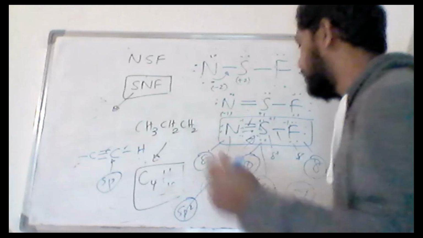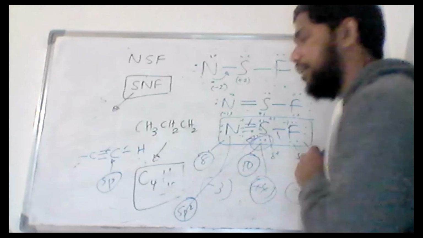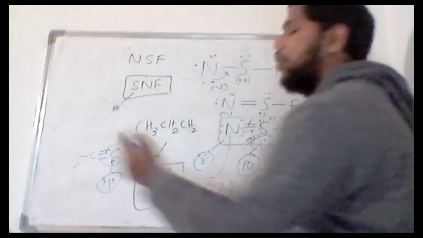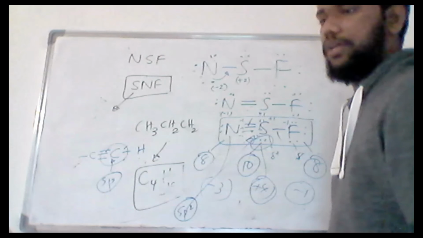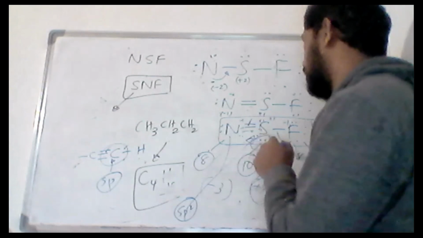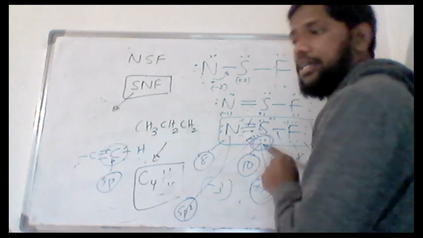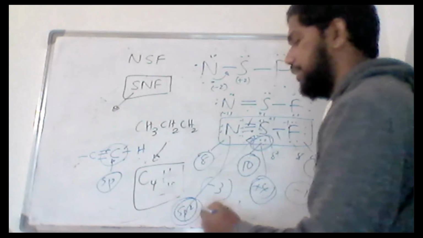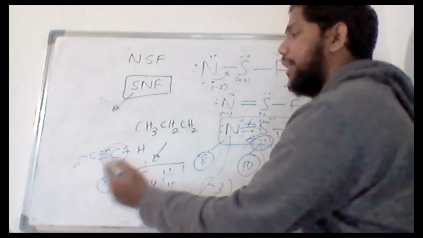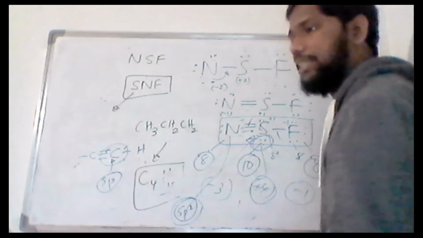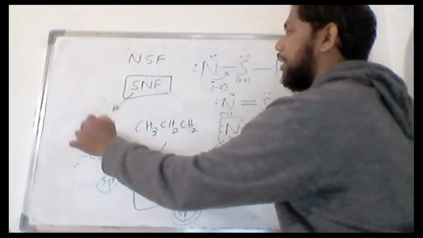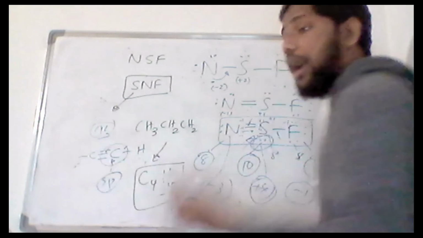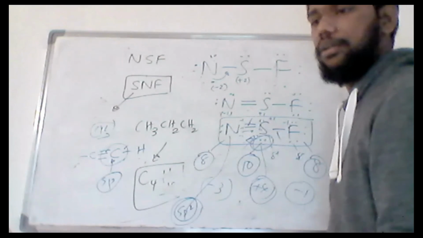The idea is, there is a lone pair here, but there is no lone pair there. To accommodate these 2 lone pairs, you need sp2 hybridization, because when sp is hybridized, the other electrons will be in an unhybridized p orbital.